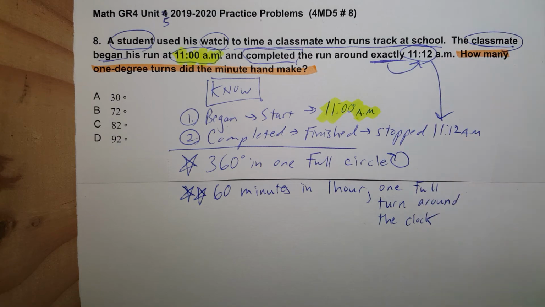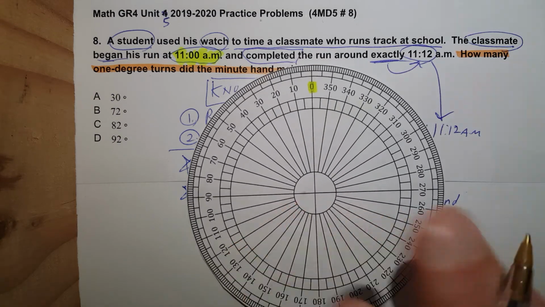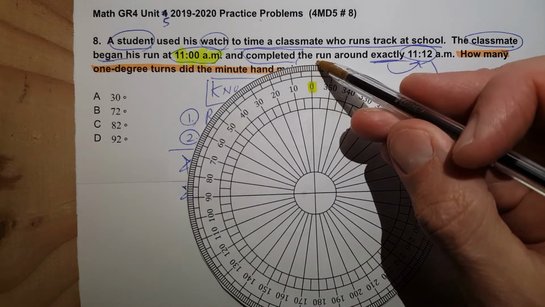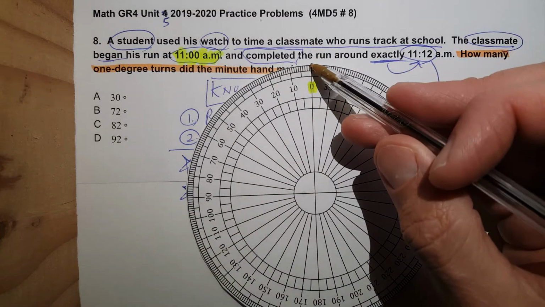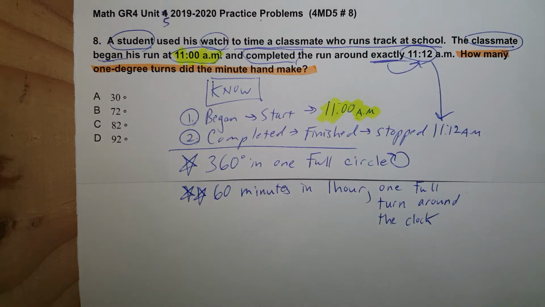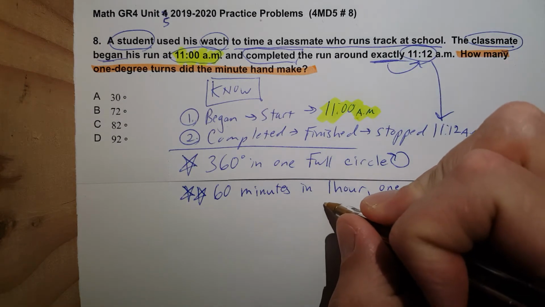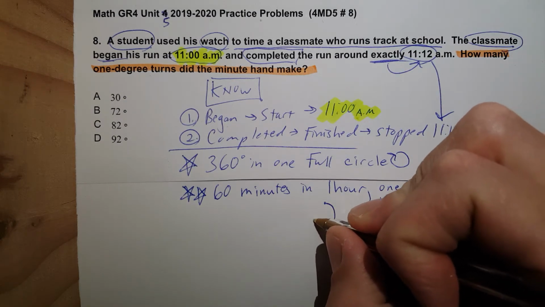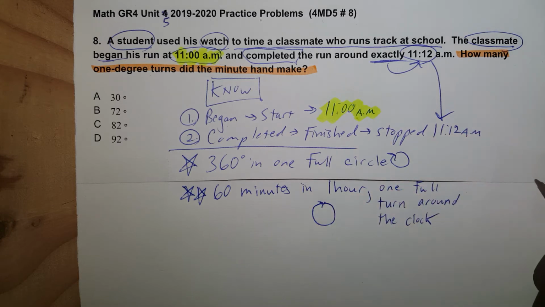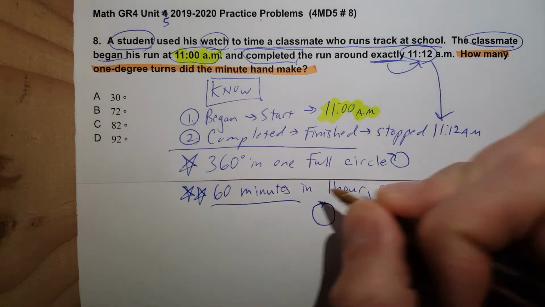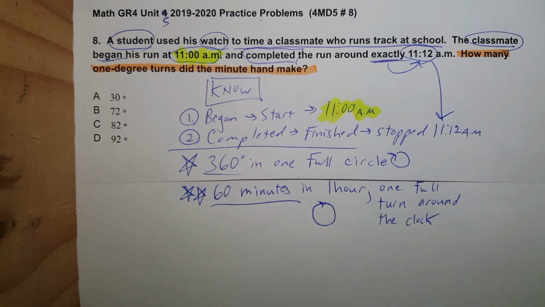So just like here, we have a clock. 60 minutes would go all the way around for 1 hour. Probably should have a clock picture, but whatever. So I'd start here and go all the way around: 60 minutes, 360 degrees. So now we have an equation, our ratio.